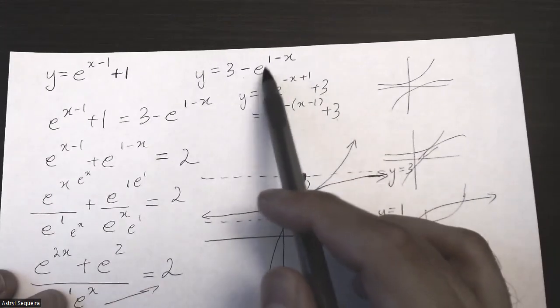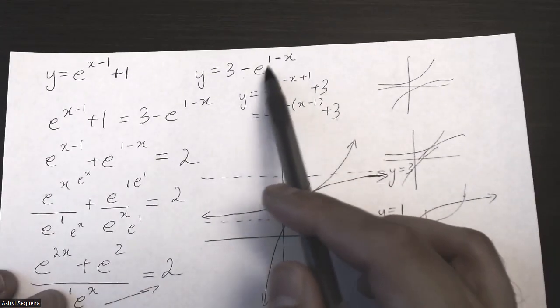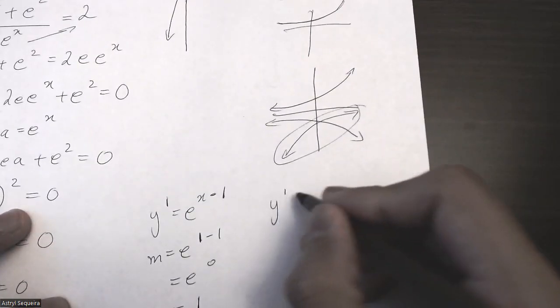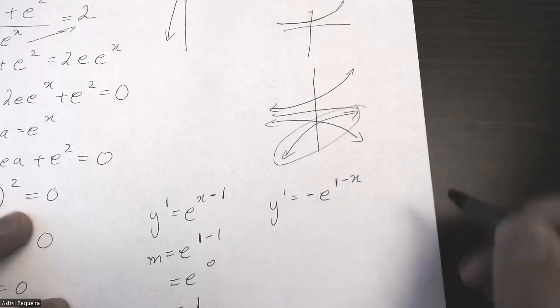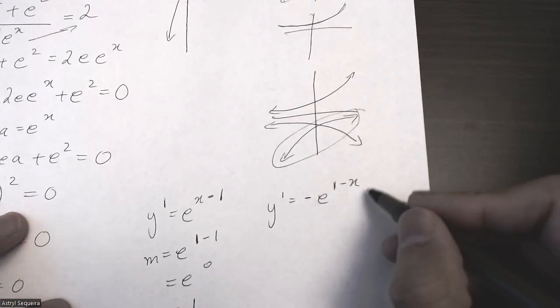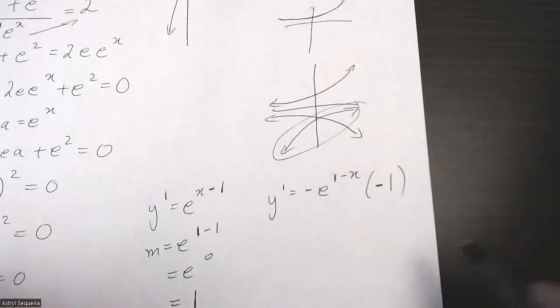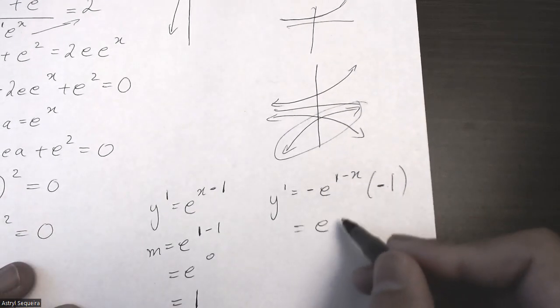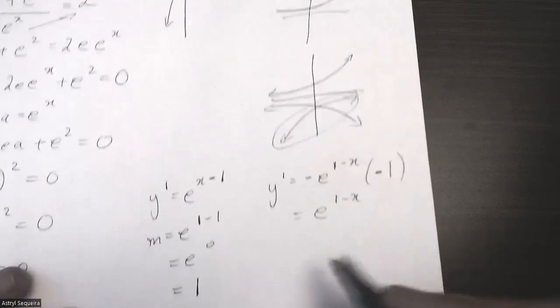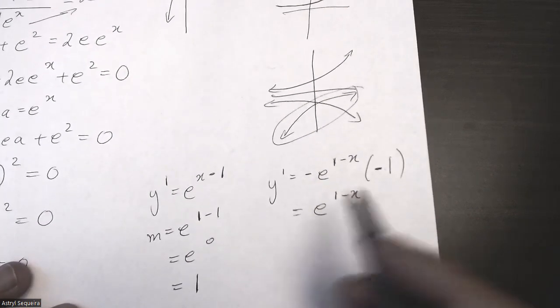Let's calculate the tangent line for the second function. If I derive this function here, the derivative is y prime equals negative e to the 1 minus x. And by chain rule, I'm going to multiply by the derivative of the exponent, which is negative 1. So this is just going to be negative times negative is positive, e to the 1 minus x. And I can sub in my x value of 1.